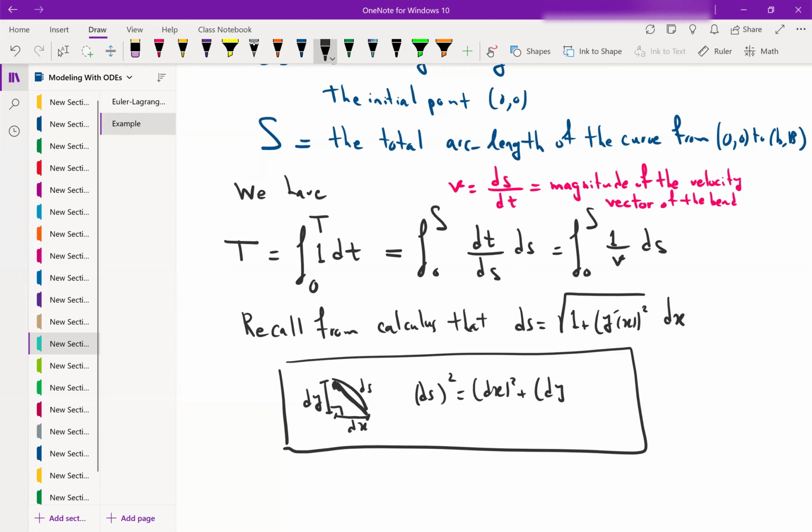This is not a careful argument. We can make these things very precise. Most likely you saw a more precise argument in your calculus course, but this is one way to remember what's going on. So ds is equal to the square root of dx squared plus dy squared, and then you can factor out dx squared. You will get the square root of 1 plus (dy/dx) squared, times dx, which is the formula I just wrote.